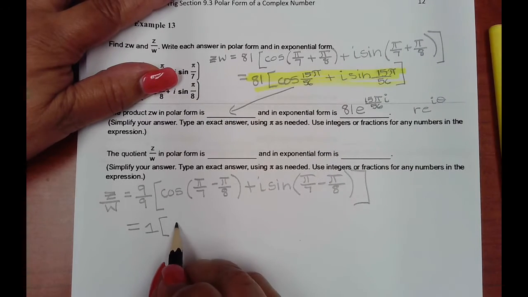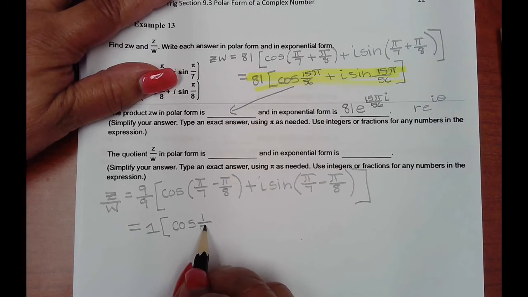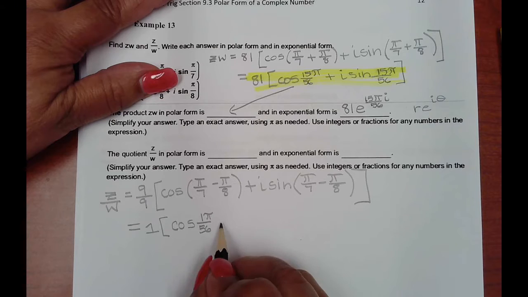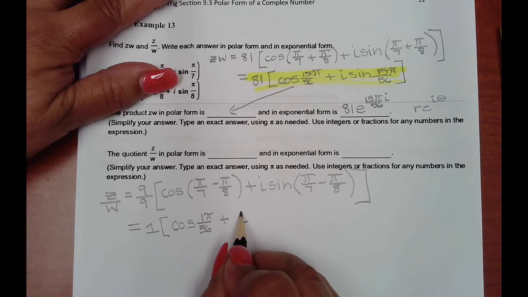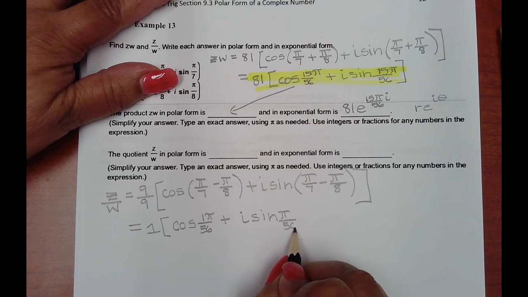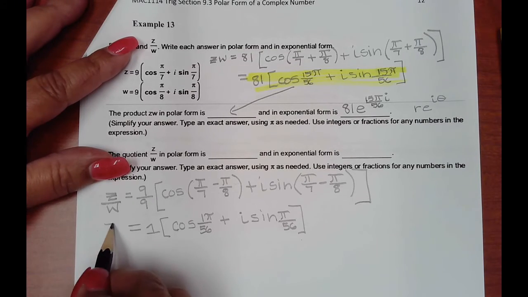Put that pi back on there. So you can just put pi over 56. Okay, and that is your quotient.